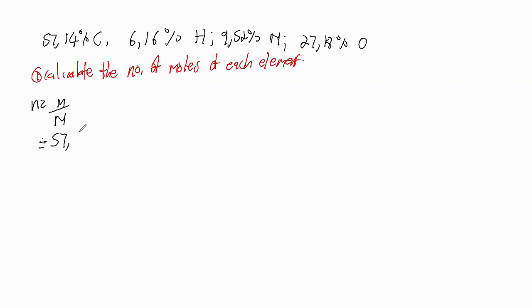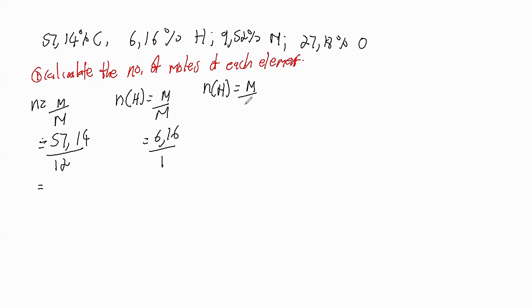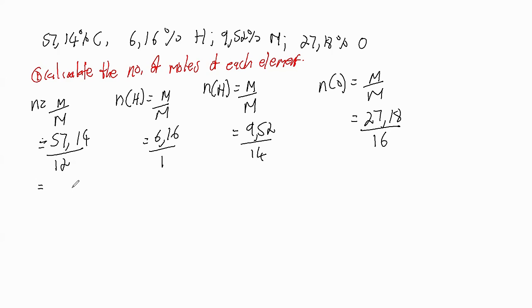We have 57.14 over 12, and then the one for hydrogen will be mass over molar mass, which is 6.16 over 1. And then for nitrogen, mass over the molar mass, that's 9.52 over 14. And then n of oxygen, that's mass over the molar mass, that's 27.18 over 16.